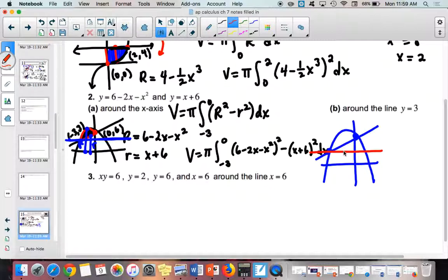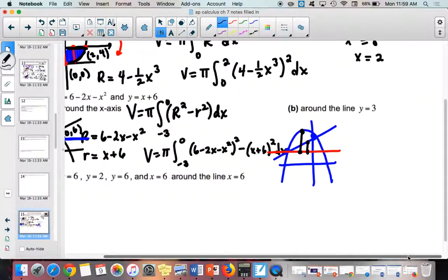All right, so this has an outer radius and an inner radius. These are basically the same outer radius and inner radius that we had before, except now we're losing 3 units. Do you guys understand that? So we're going to write it like big R is equal to our top curve, which was 6 minus 2x minus x squared, minus 3, because that's the bottom curve, right?